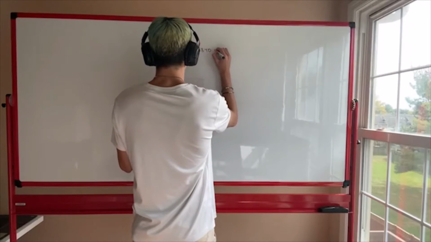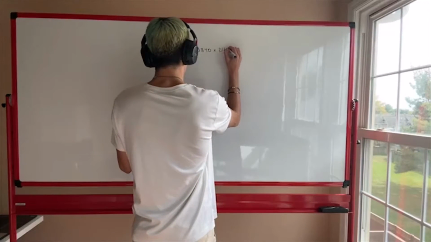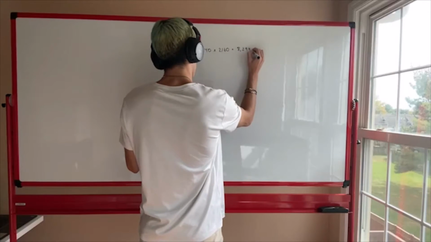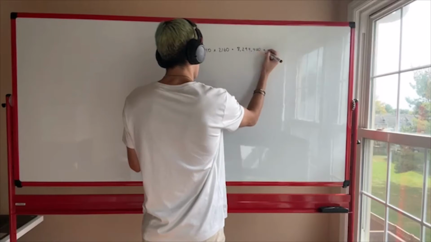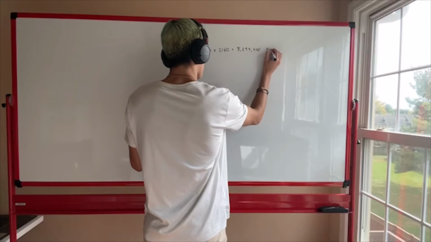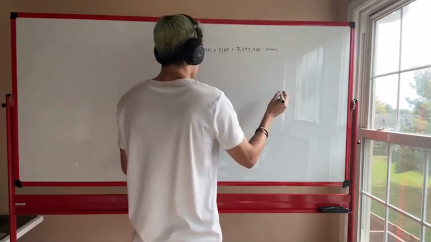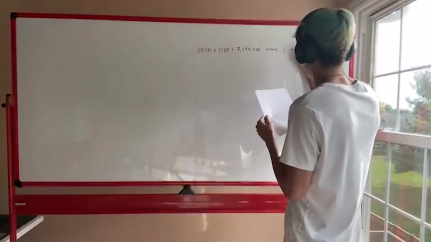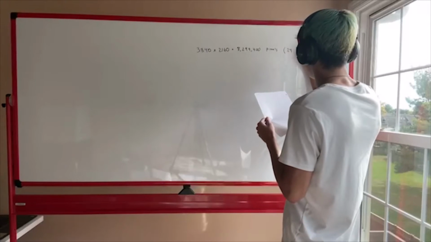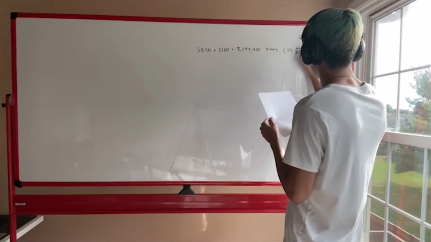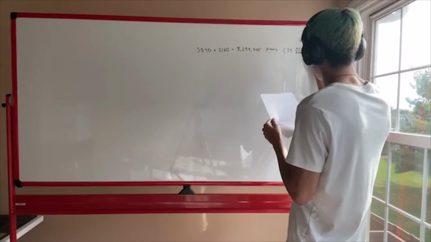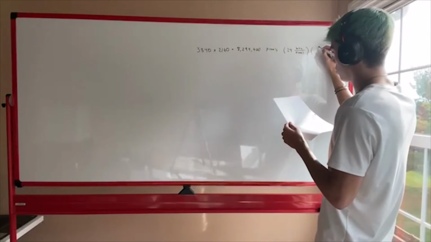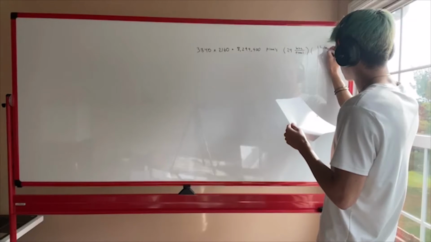3,840 pixels. Okay. Then multiply this, right, by 24 bits per pixel. And now you have all your bits, and then 1 byte is 8 bits.